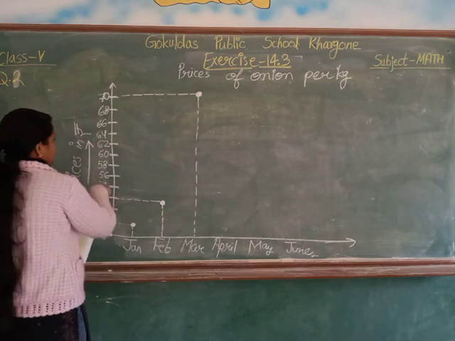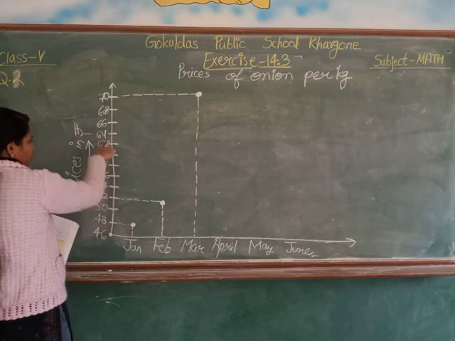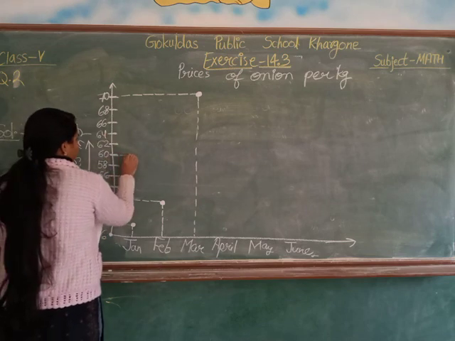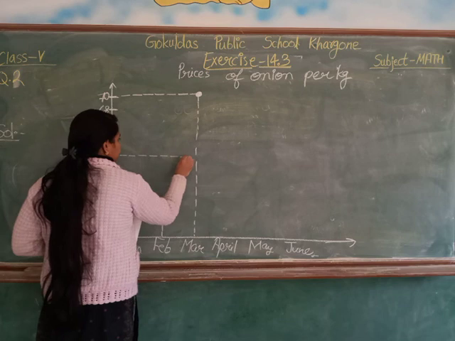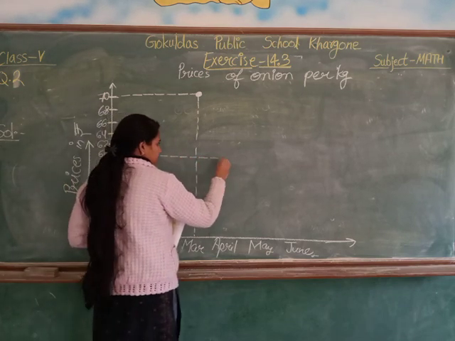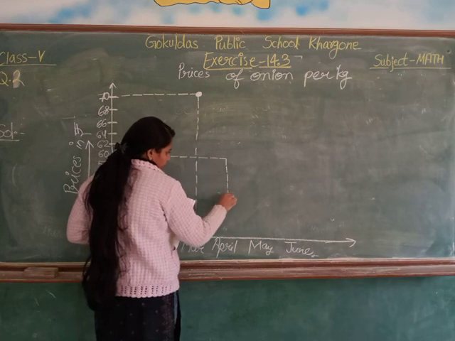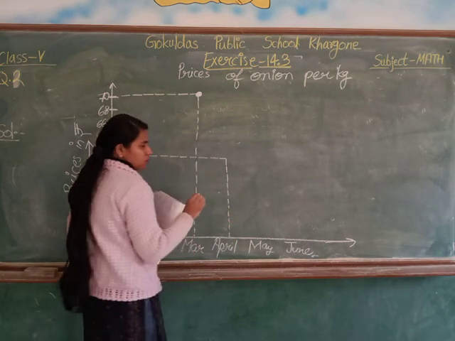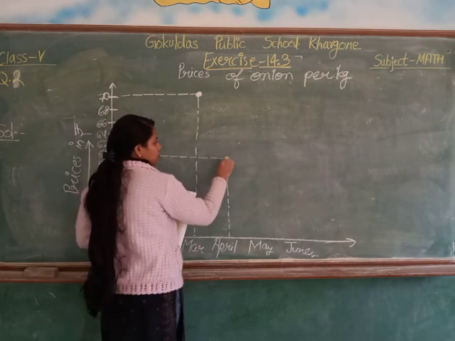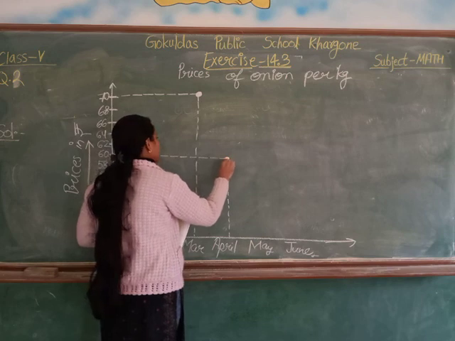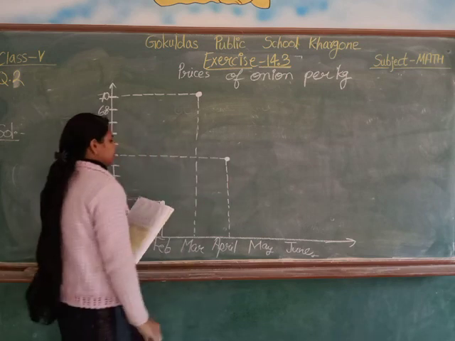Now for April, the price was 60. Find 60 on the vertical line. Draw a dotted line from 60 till the April month. Okay, we get the intersection point here, so draw a dark point here.